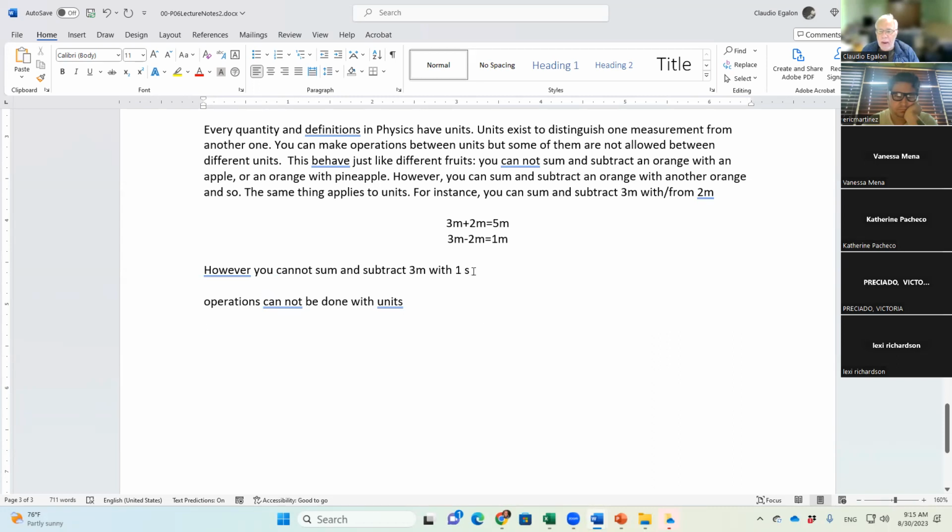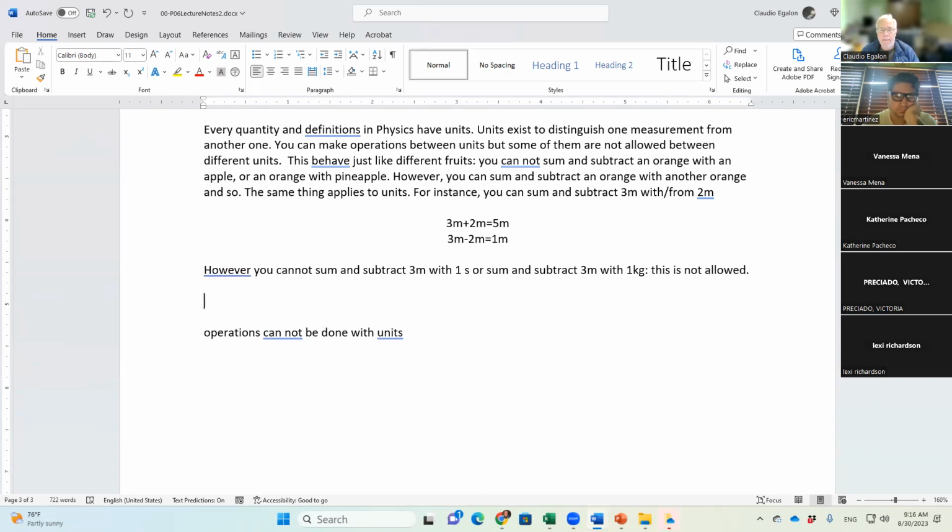Or sum and subtract 3 meters with, what's the other unit? With 1 kilogram. You cannot do that. This is not allowed.